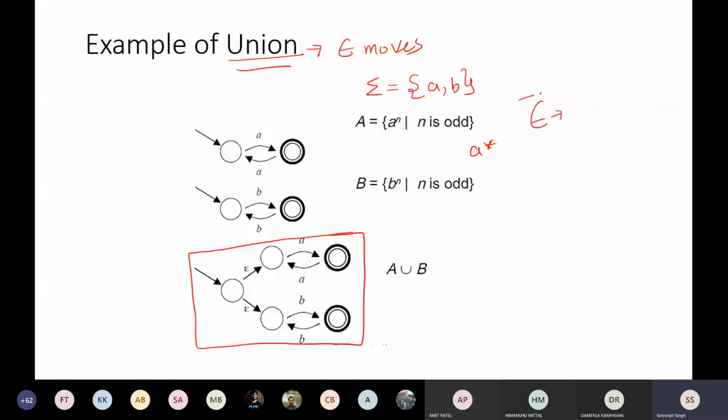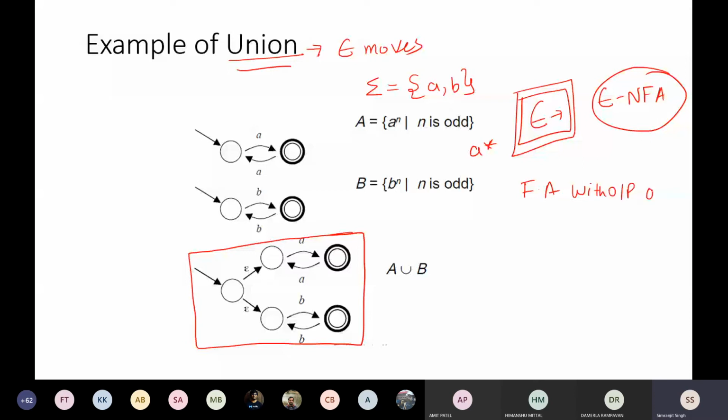For a good understanding of epsilon, we have defined an epsilon NFA separately. If you remember, finite automata without output have three types: the first was DFA, the second was NFA, and the third was epsilon NFA.